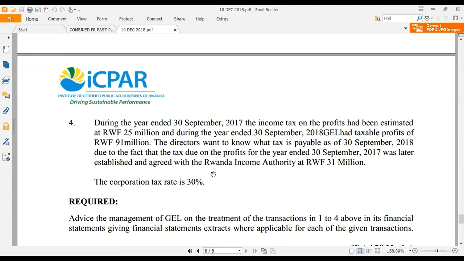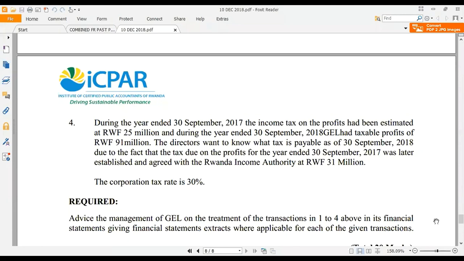The directors want to know what tax is payable as at 30th September 2018, given that tax due on profits for the year ending September 2017 was later established and agreed with the Revenue Authority at 31 million. The corporate tax is 30%.